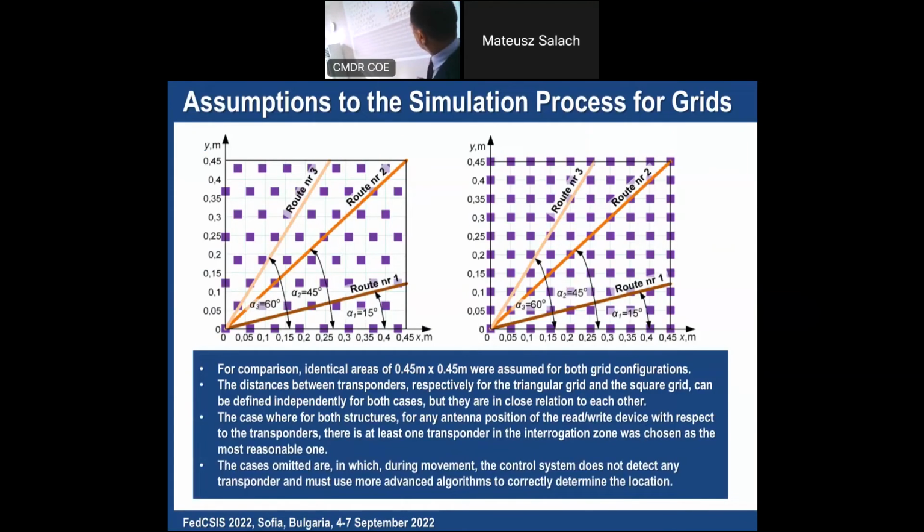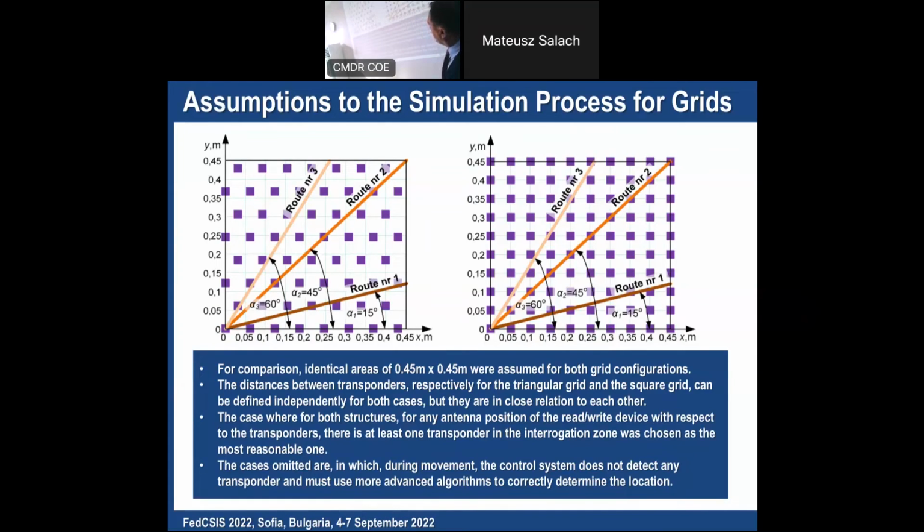It is 0.45 meters, and the robot moves in different directions, but its path is straight. So we can see here route number 1, number 2, and number 3. In our research, we decided to select those tracks that always give at least one transponder in the reach of the robot.